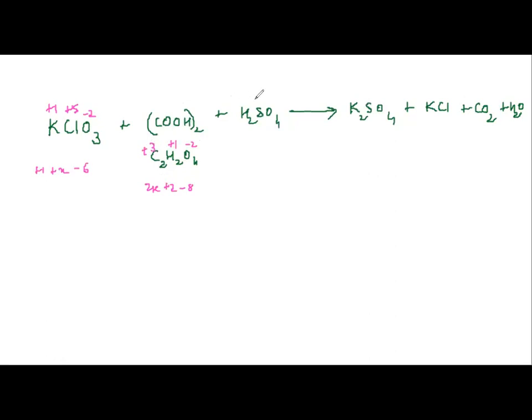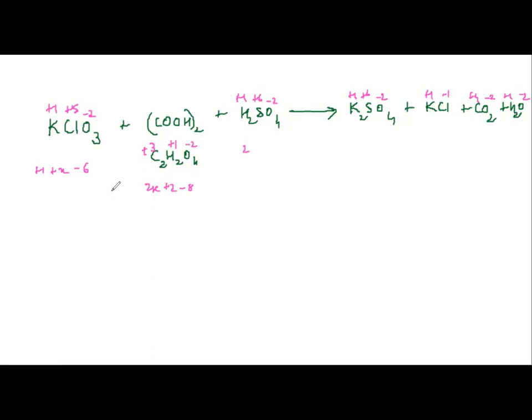H2SO4: +1 -2, so 2 -8, becomes +6. So sulfur is +6. In K2SO4 also sulfur is +6. Here potassium plus 1 chlorine minus 1, carbon dioxide minus 2 plus 4, water plus 1 minus 2. So this is all the oxidation states.